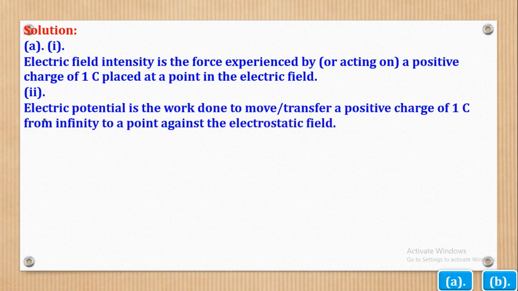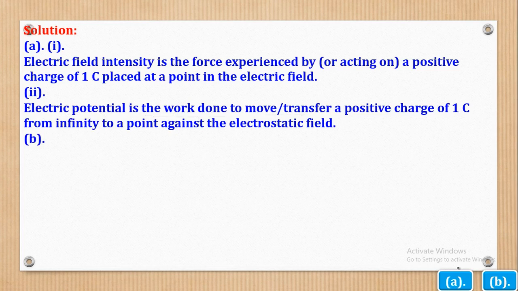Then for Roman 2, we shall say that the electric potential is the work done to move a positive charge of one coulomb from infinity to a point against the electrostatic field. So that was part A.